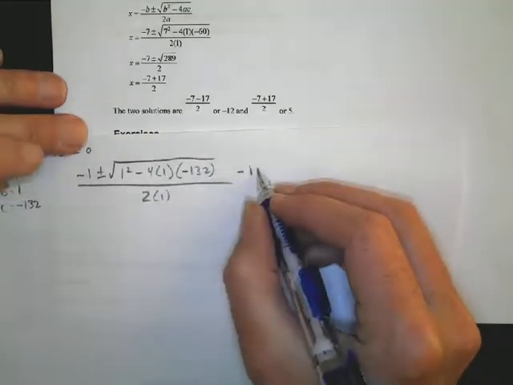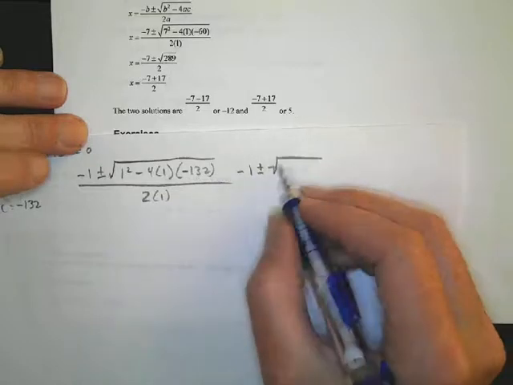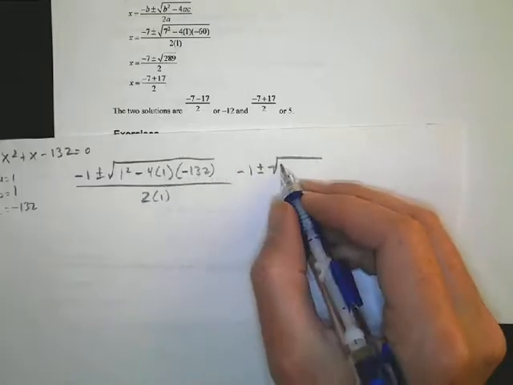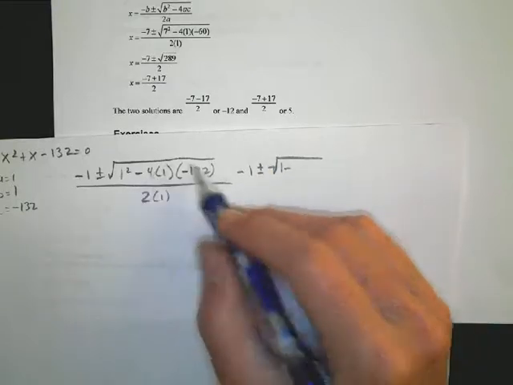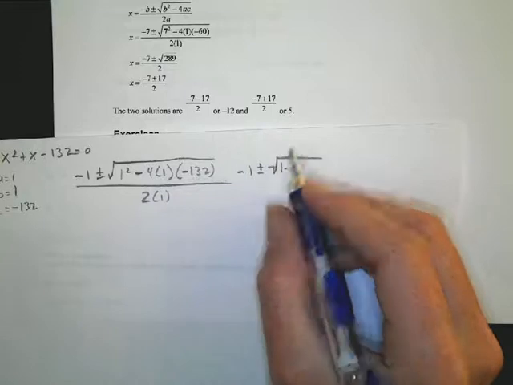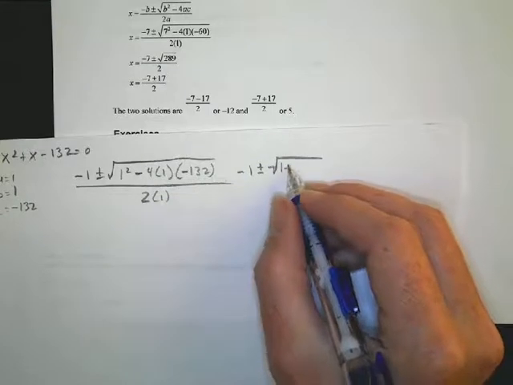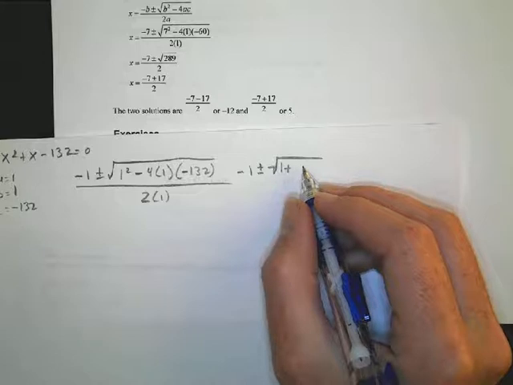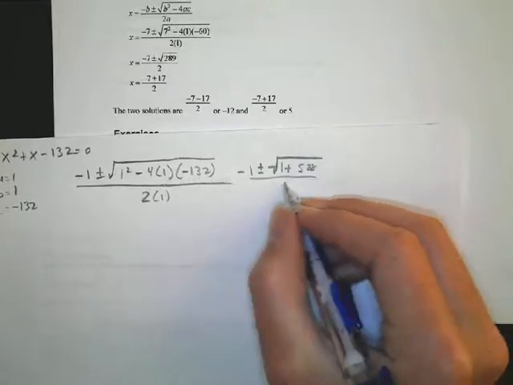So I have negative 1 plus or minus the square root of 1 squared is 1, that's good, minus negative 4 times a negative 132 is actually going to give me a positive 528. Yeah, 528.